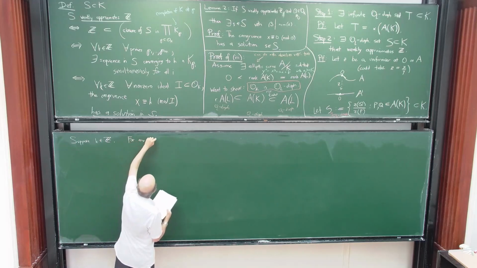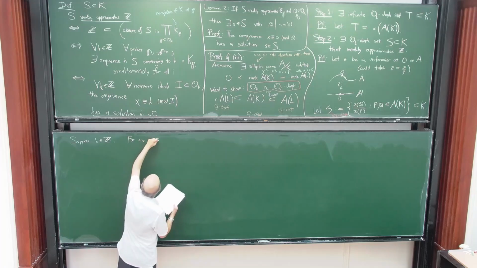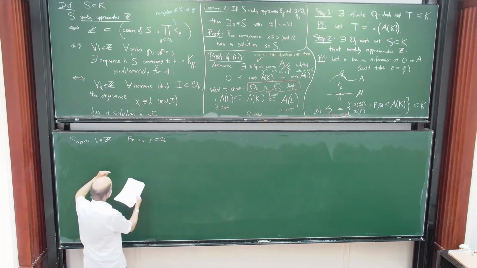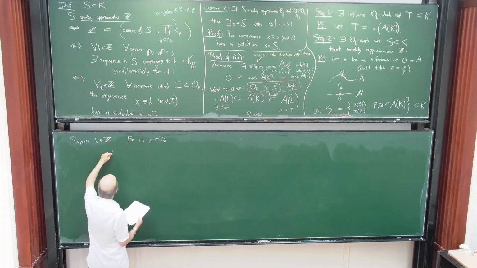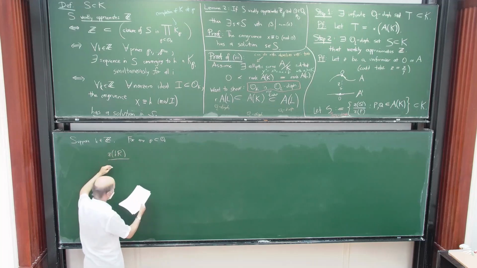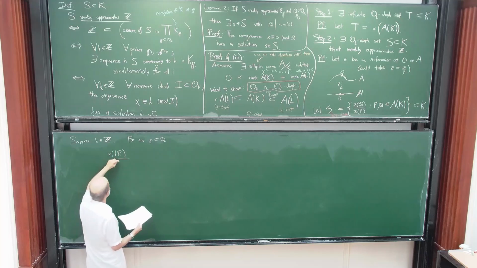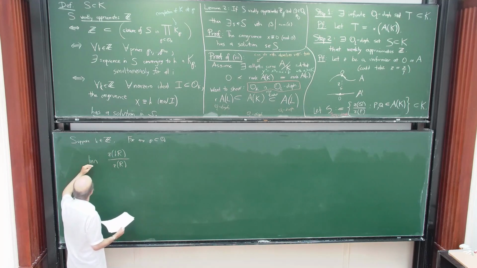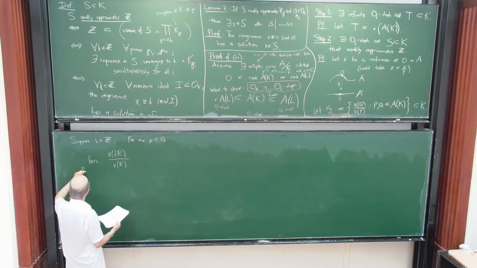Before I do this, let me just make this observation. I take a point r on the elliptic curve, and I take k times the point using the group law of the elliptic curve, and then take the limit of this ratio as the point r approaches 0.